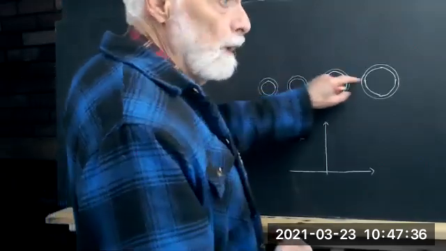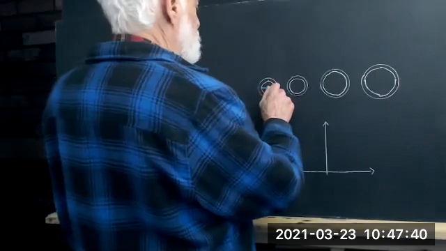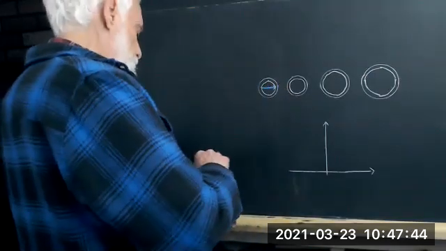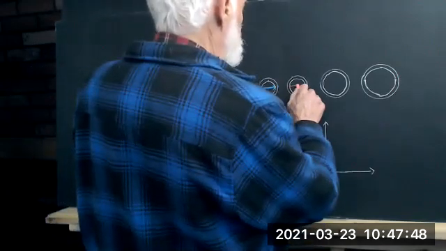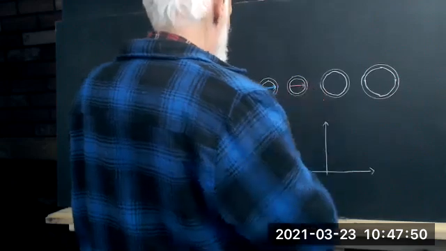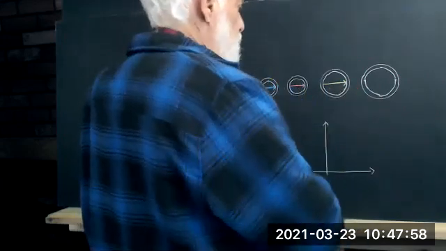Okay, now, if I take a diameter of each of these circles, here's the diameter of this circle, it's going to be represented by this arrow. And then I'll represent the diameter of this circle, and the diameter of this one, and the diameter of this one.